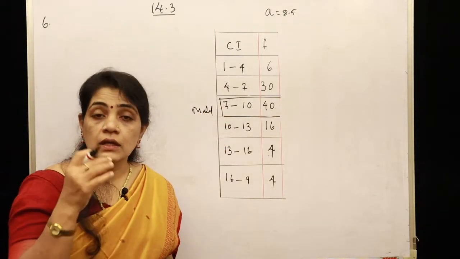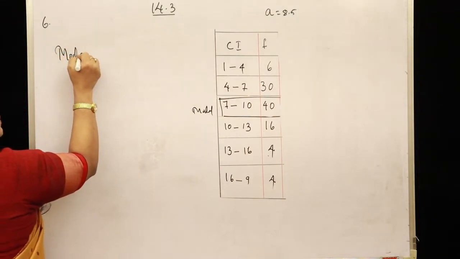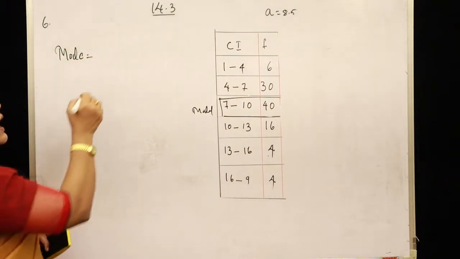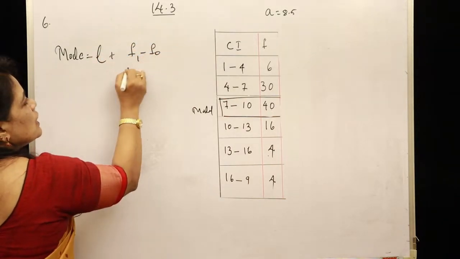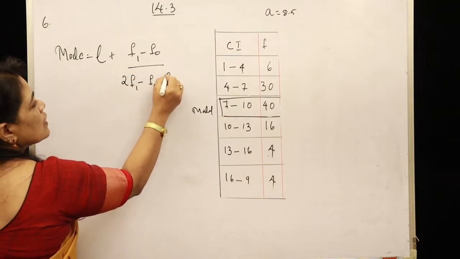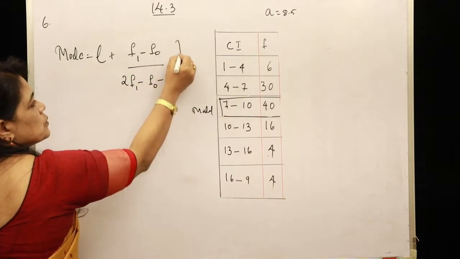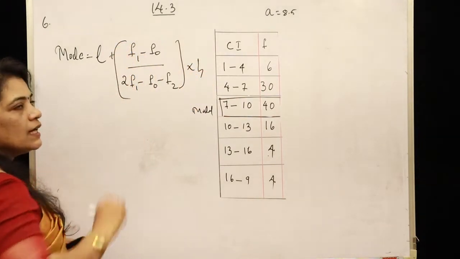And what is the next step? We find the formula: mode is equal to L plus (F1 minus F0) divided by (2F1 minus F0 minus F2) into h. Formula clear, children?